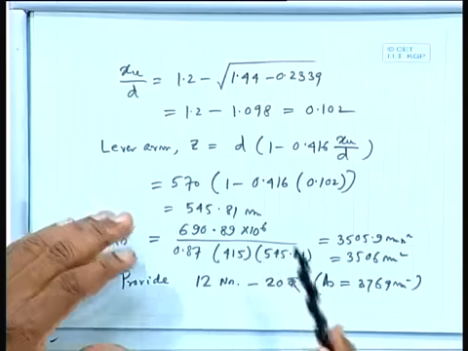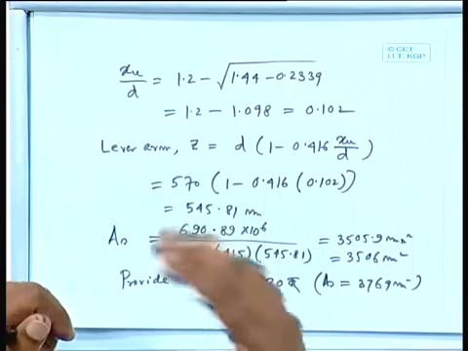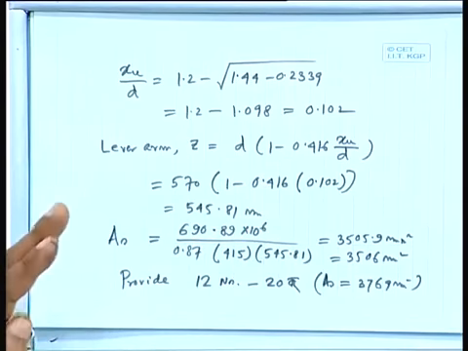Other alternative, instead of taking that whole 3 meter length, I can take 1 meter width only, and for that we are calculating the area of steel. So in that case, it is customary to provide 20 mm bars at a certain spacing. That's why in the slab, whenever we have designed a slab, we have taken 1 meter width, and that's why we are providing the spacing.